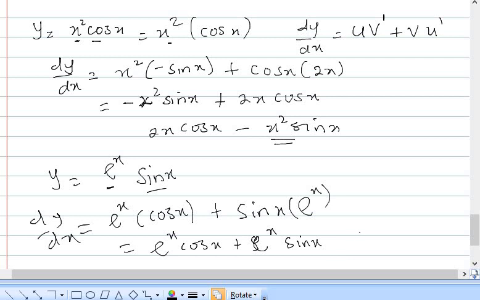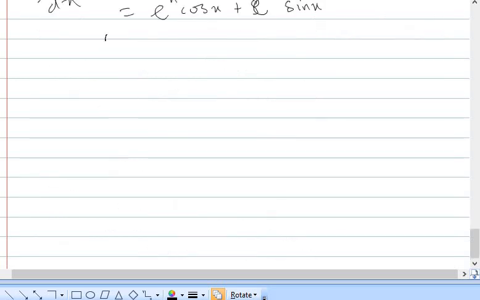So we are going to move to the chain rule and then the other part. For the chain rule, it's very simple. Let's say y is equal to some certain function, let's say u power n.